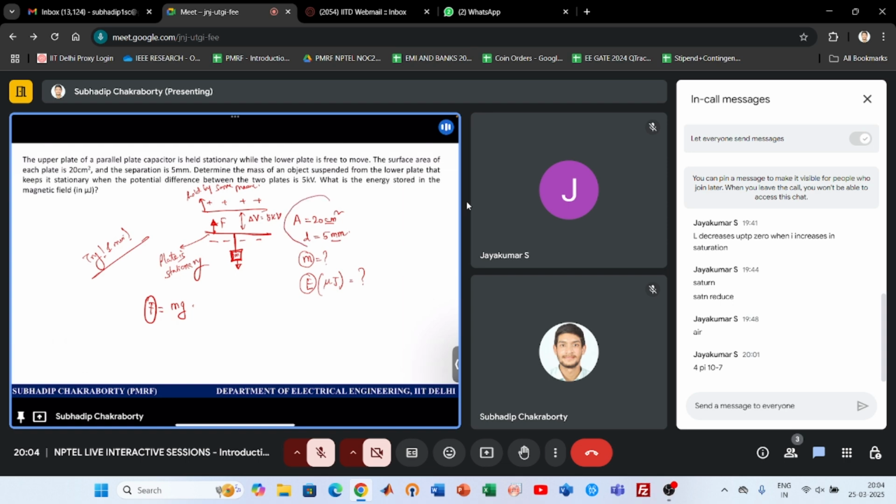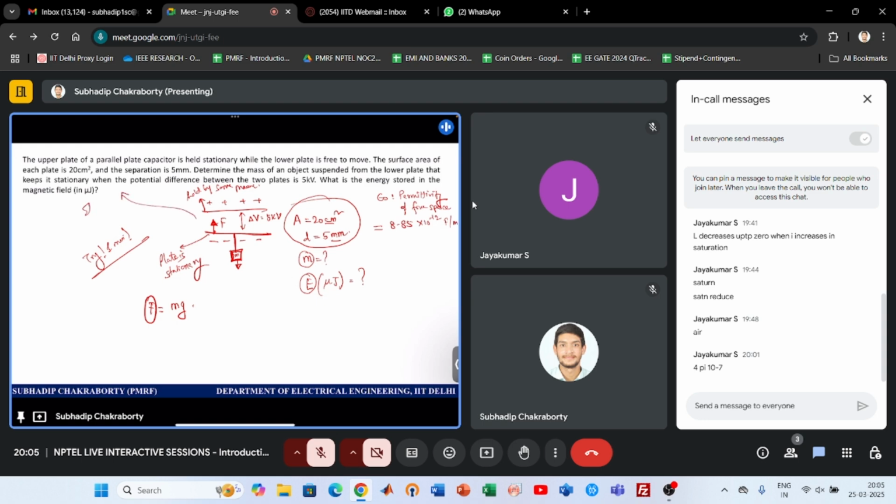We have already given you A and D values. And you can use that epsilon naught, which is nothing but permittivity of free space, because this is electrostatic, right? And what is its value in SI? It is 8.85 into 10 to the power minus 12 farad per meter.